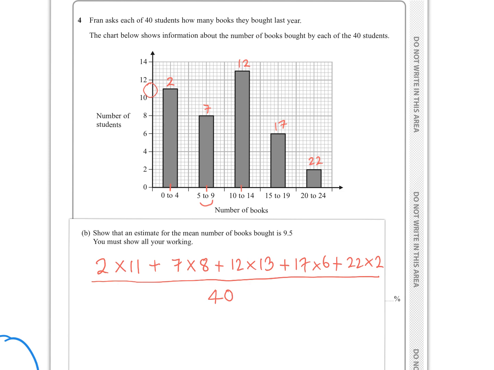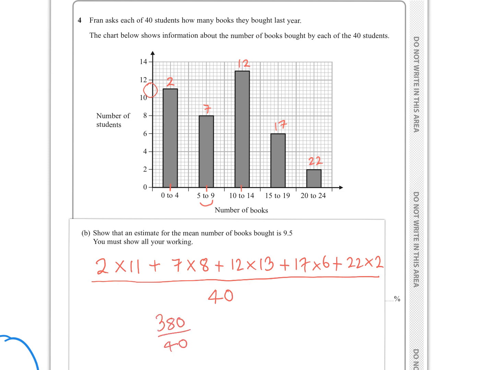So on the calculator, I'm just going to do that top row first. So 2 times 11 plus 7 times 8 plus 12 times 13 plus 17 times 6 plus 22 times 2, and I get 380.